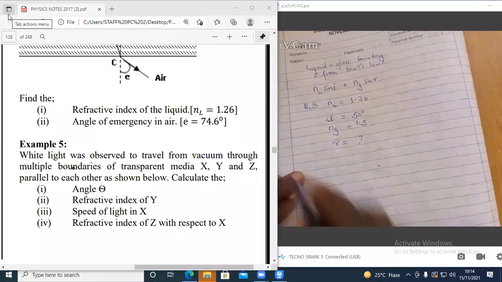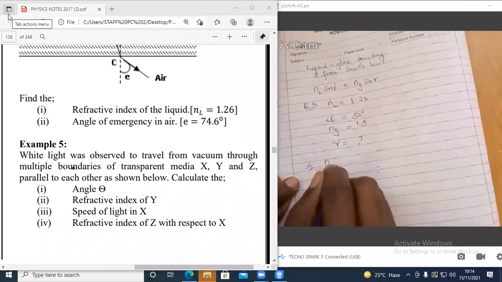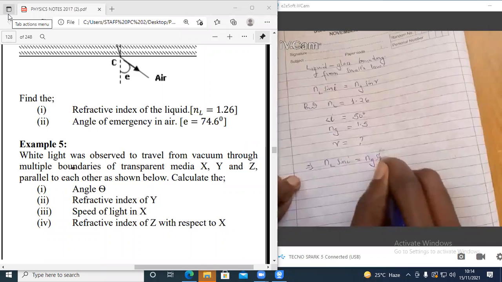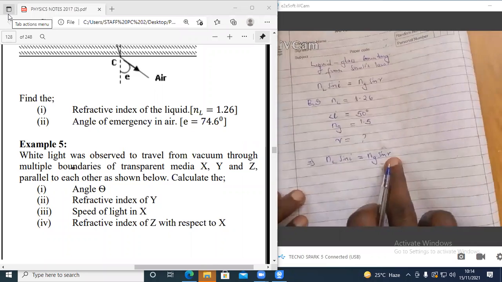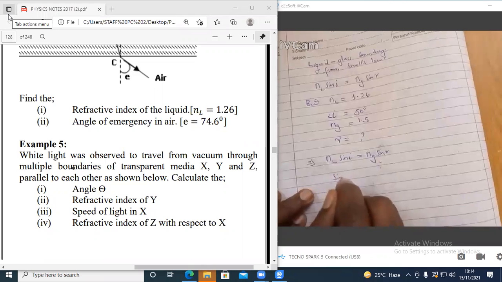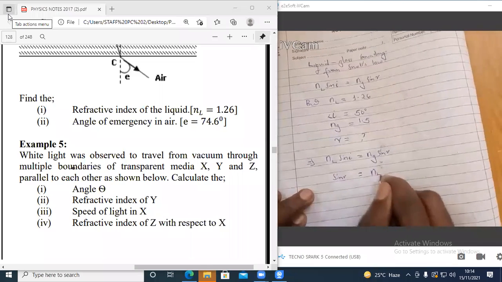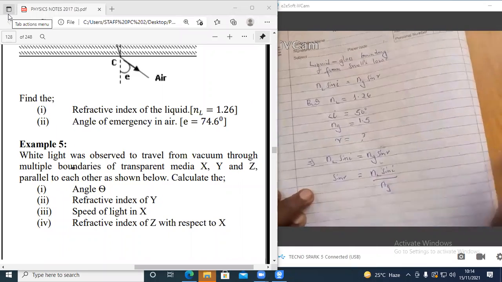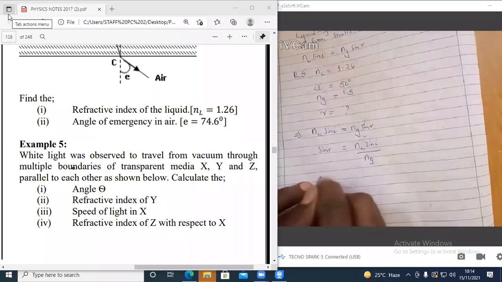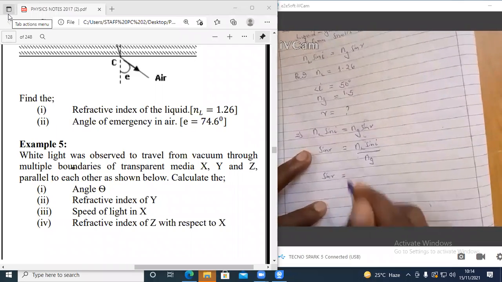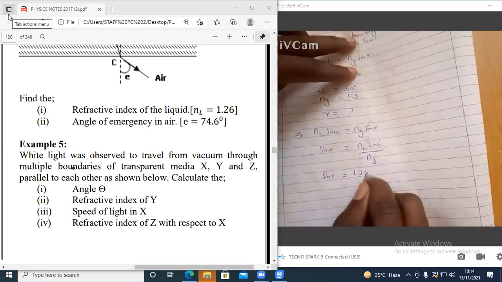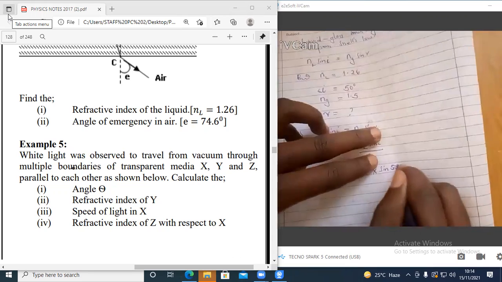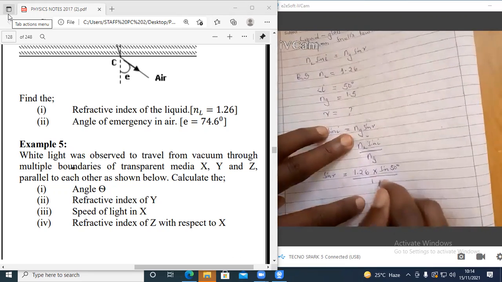So NL sine I equals NG sine R. Make R the subject: sine R equals NL sine I divided by NG, so sine R equals 1.26 times sine 50 degrees, from our diagram, over 1.5.